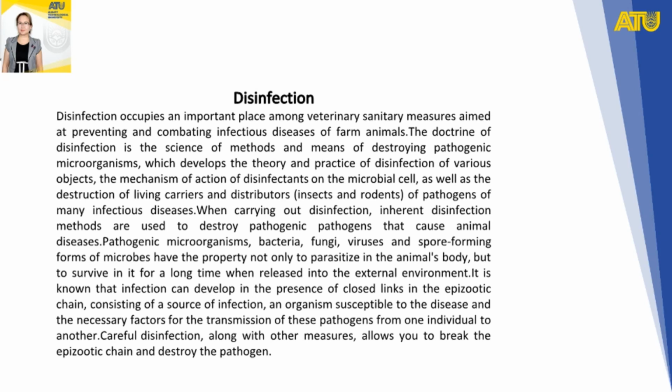It is known that infection can develop in the presence of closed links in the epizootic chain, consisting of a source of infection, an organism susceptible to the disease, and the necessary factors for the transmission of these pathogens from one individual to another. Careful disinfection, along with other measures, allows you to break the epizootic chain and destroy the pathogen.